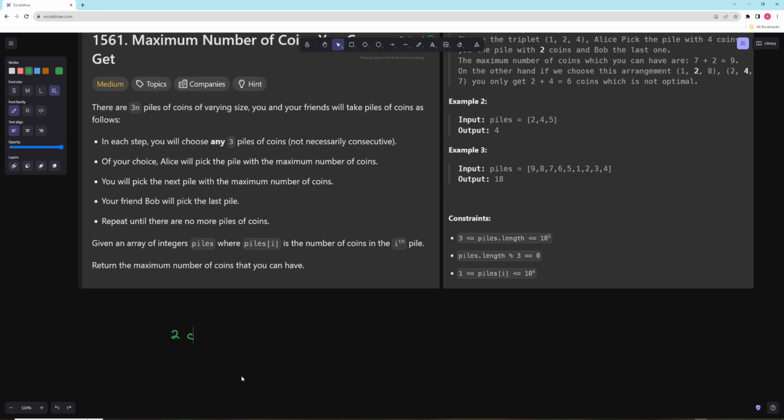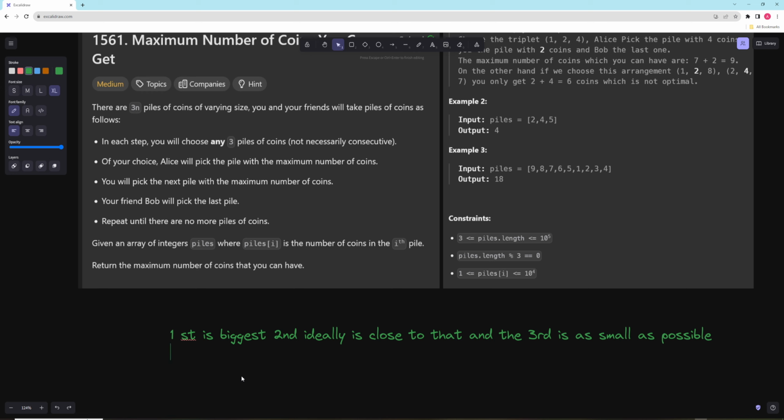And the third coin you want to be as small as possible. So first is biggest, second ideally is close to that, and third is as small as possible.